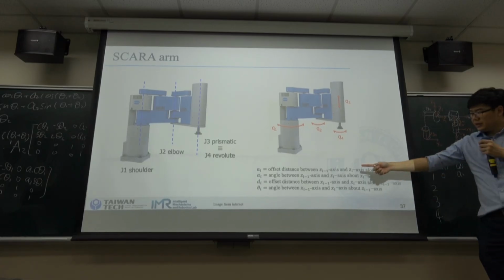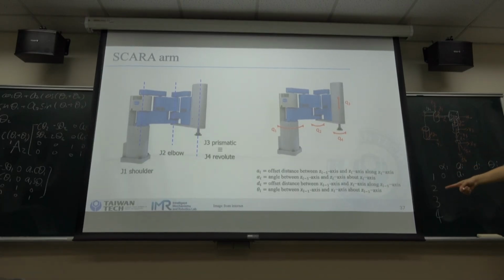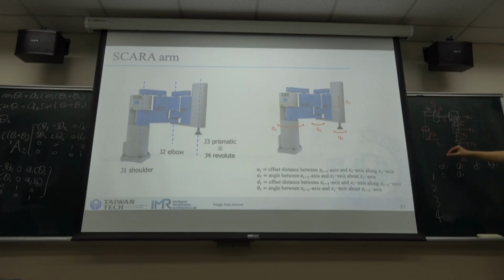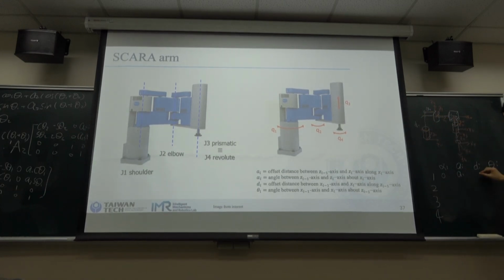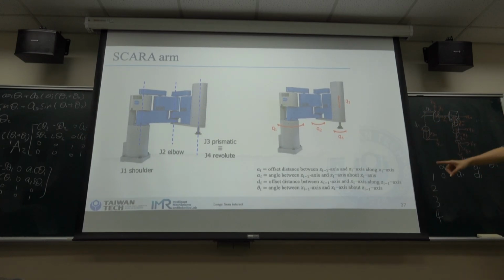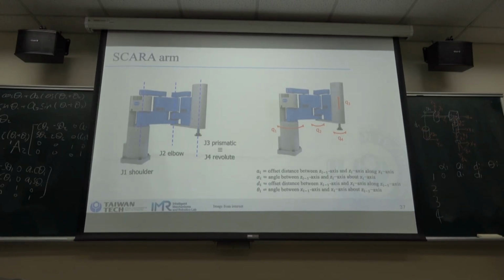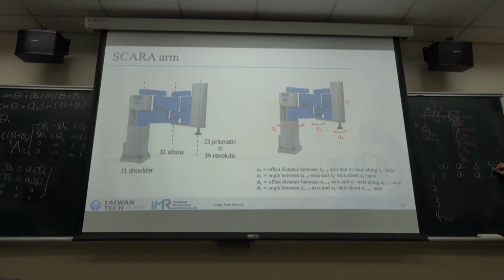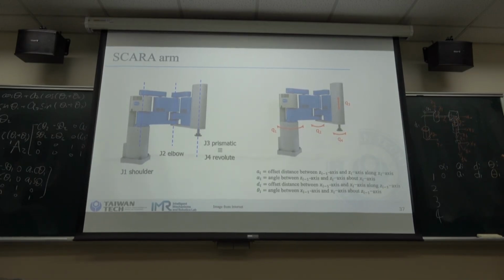And d is the distance between x0 and x1 along Z0, so this is d1. And theta is the angle between x0 and x1 about Z0. If you remember, for a revolute joint, theta is the variable. And because they are in the same direction, you do not need to add anything.